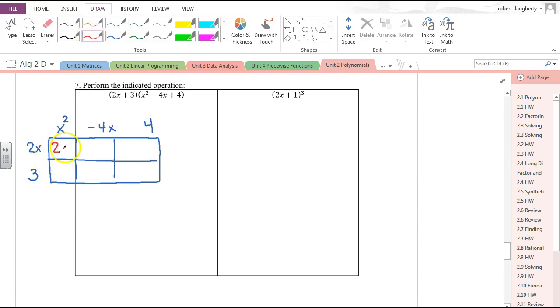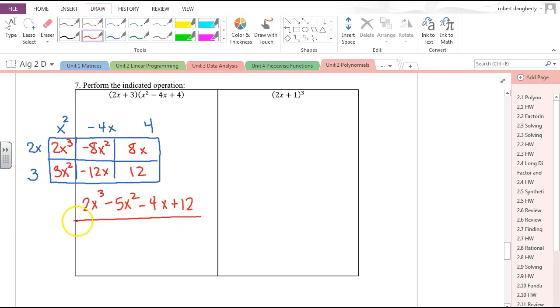So this is 2x cubed minus 8x squared plus 8x, 3x squared minus 12x plus 12. So that is 2x cubed minus 5x squared. 12 minus 8, that's minus 4x plus 12.